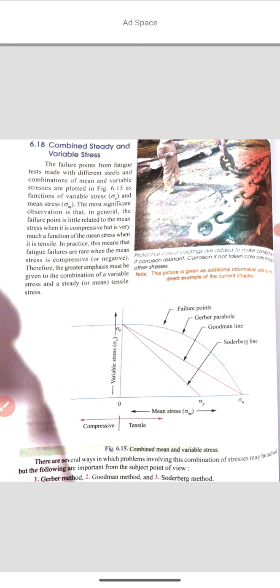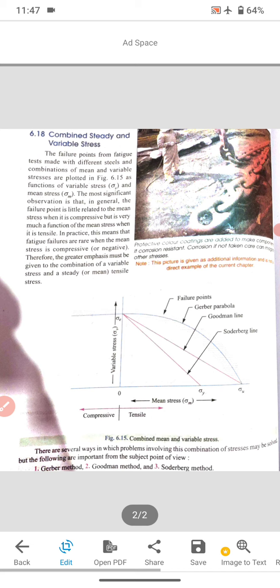He may have studied the Gerber drawback and come to the conclusion that a straight line gives less scattering and gives you ease of calculation.